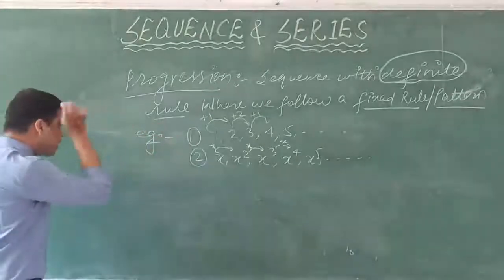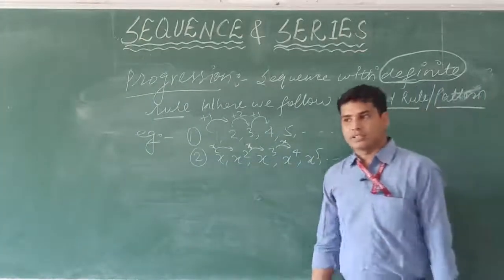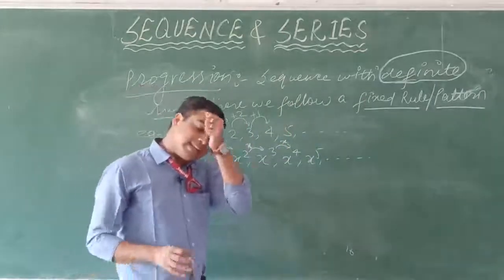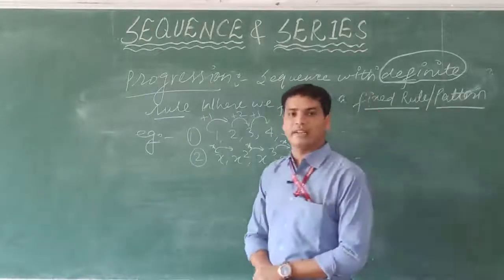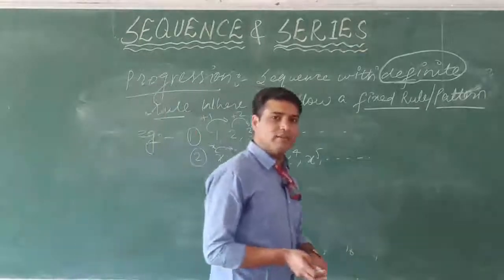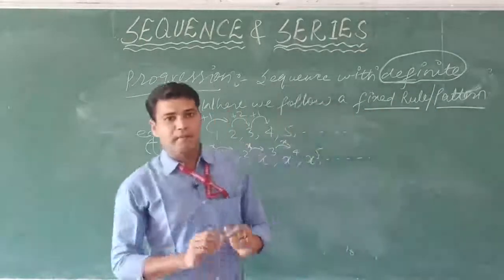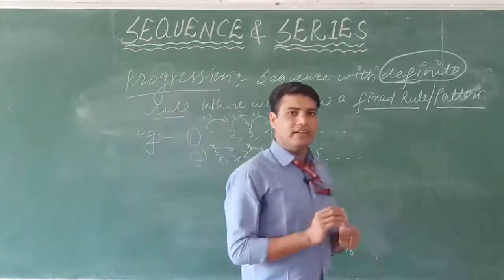Now I am going to differentiate the basic difference between sequence, series and progression. In sequence there is no fixed rule, no fixed pattern. We can take any random numbers, mathematical quantities, and with the help of a comma we can differentiate: this is first term, second term and so on.